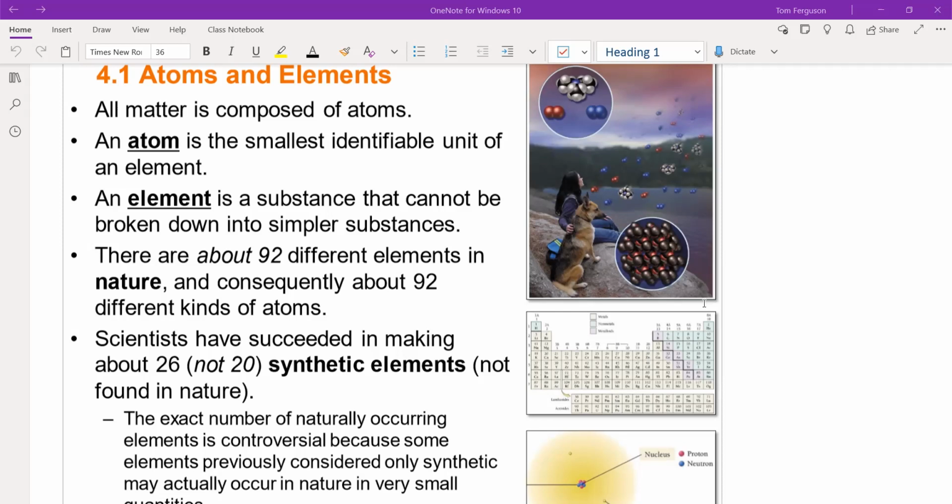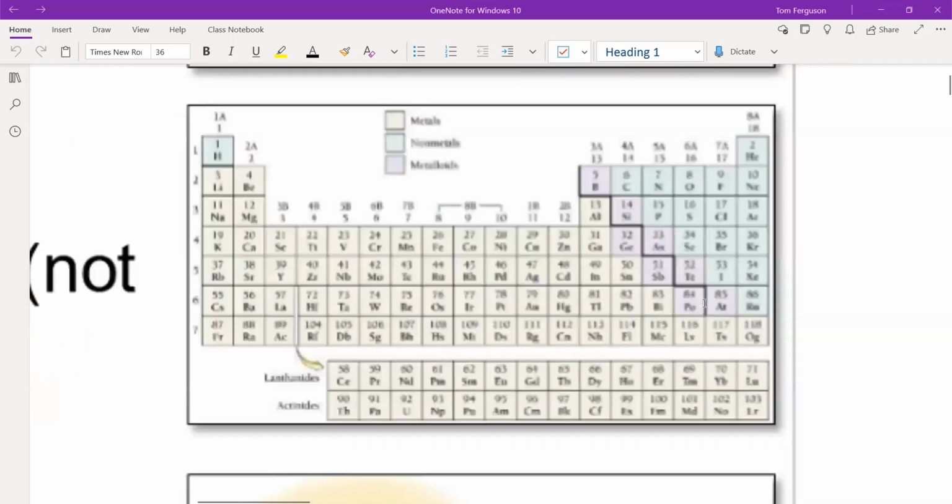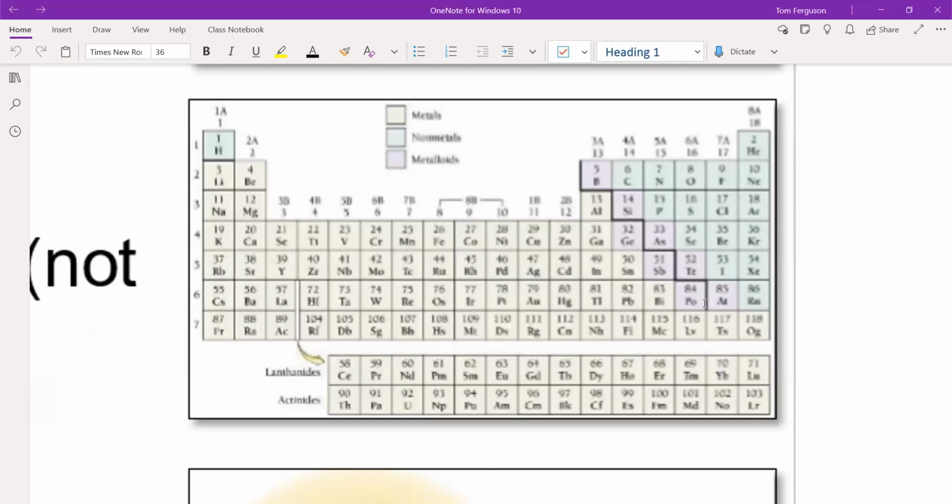Now that periodic table up there is nice and dark, so let's see if this one's any bigger. Yeah, this is a modern periodic table. Notice it goes up to 118. And on this one, they actually named them. That's been done in the last 5 to 8 years. They've named these from about 111 up to 118.